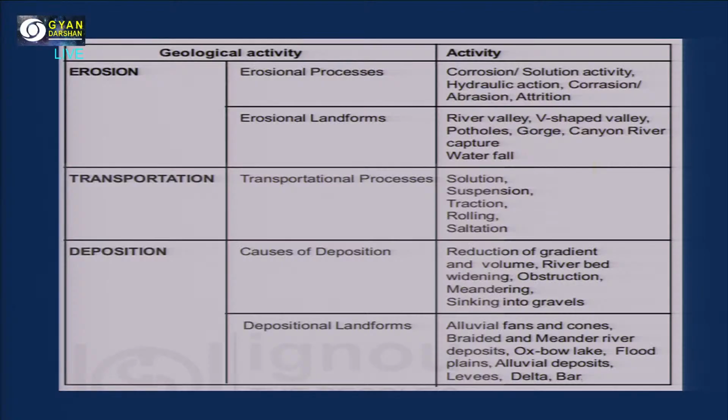As you see in this slide, various kinds of erosional and depositional processes of rivers give rise to various kinds of landforms. And here in this session, we are going to focus on these erosional and depositional processes.